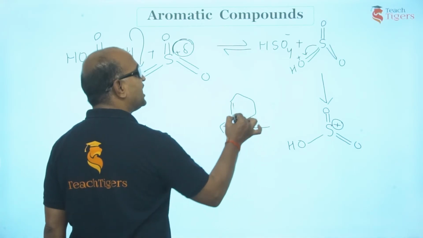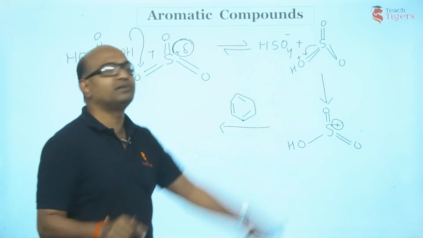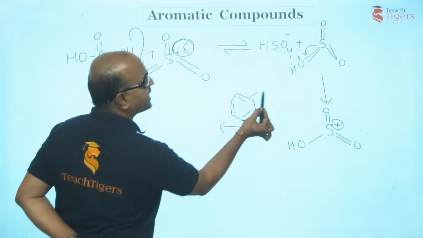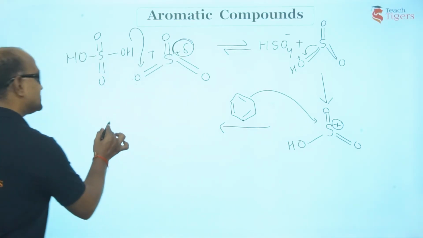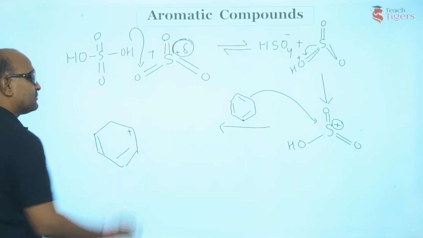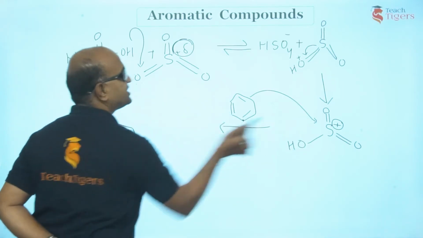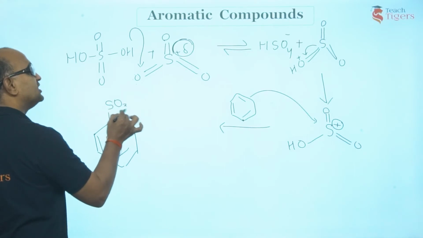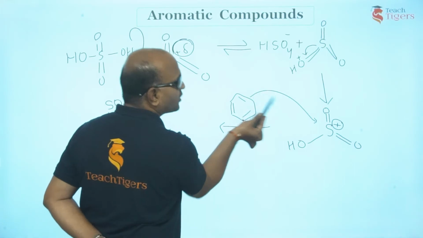The second step is the attack on the electrophile by the pi electrons of benzene. So this benzene would donate the electrons to the sulfur. Let us assume that the pi bond breaks like this. This carbon atom has a positive charge and this would get negative, which would be bonded to the sulfur. I just write SO3H.